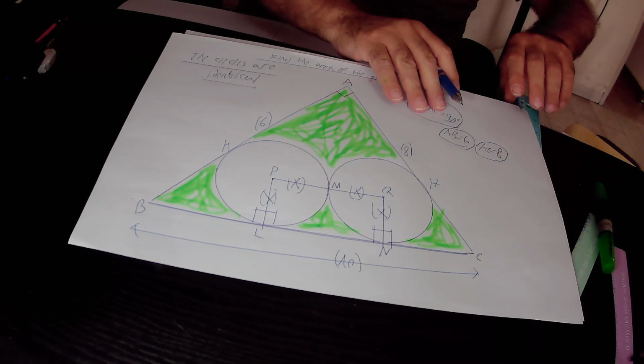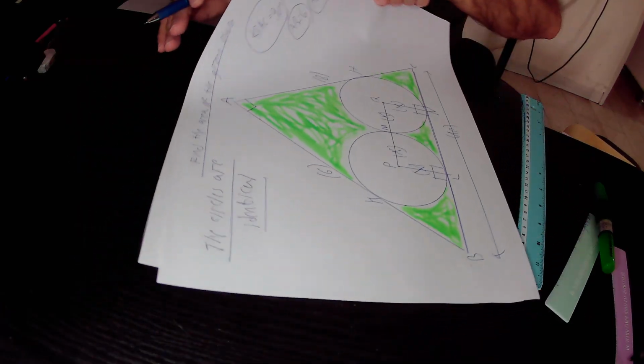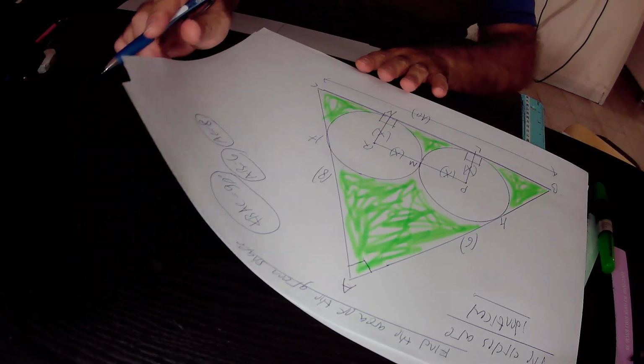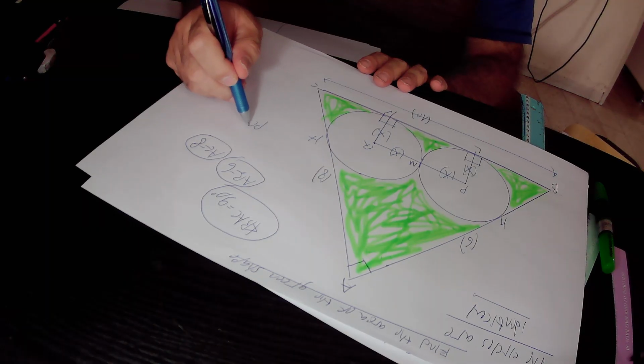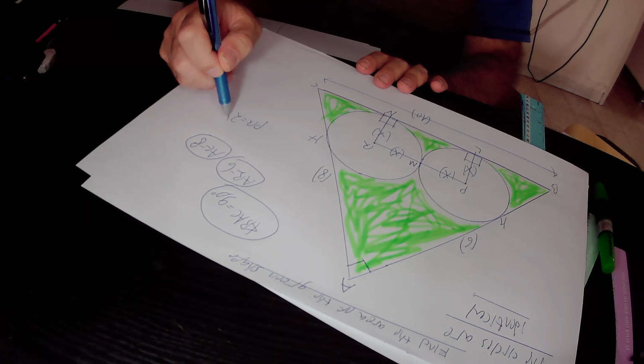Write it down: PQ equals 2X units according to rule 10.